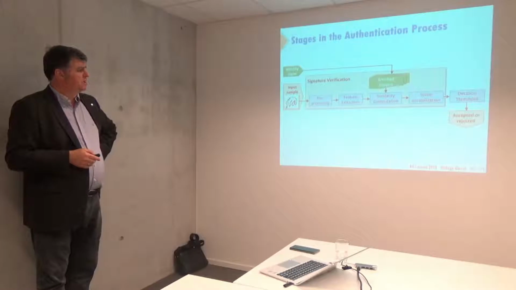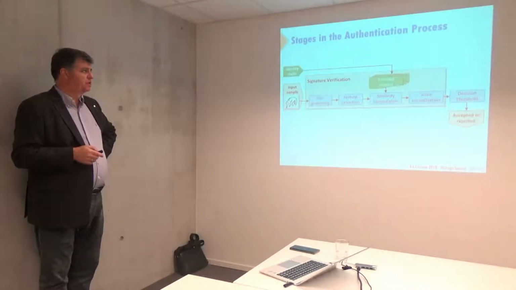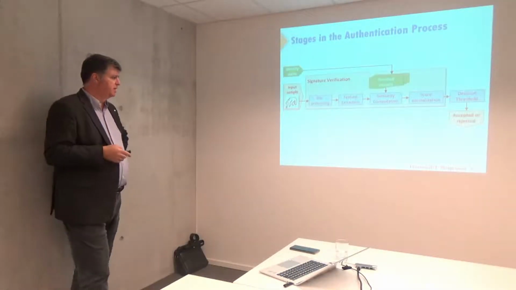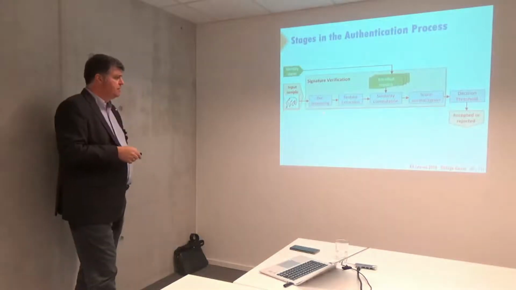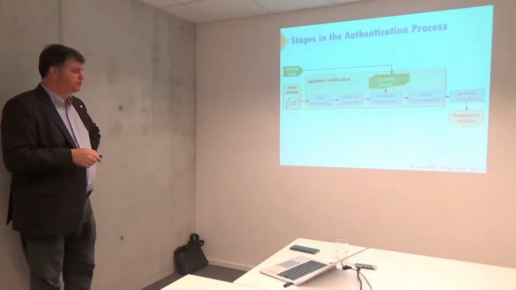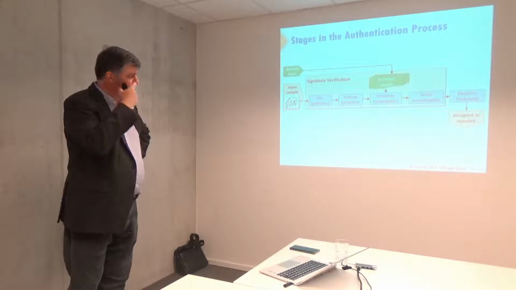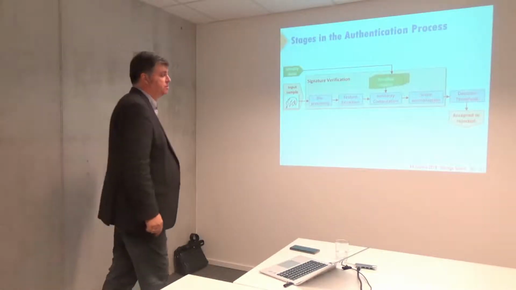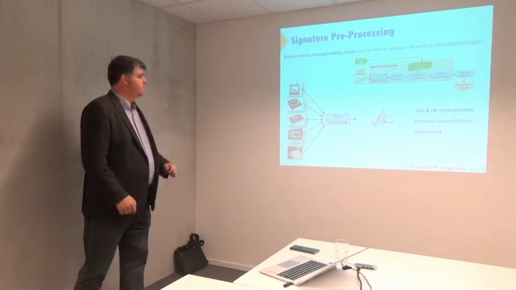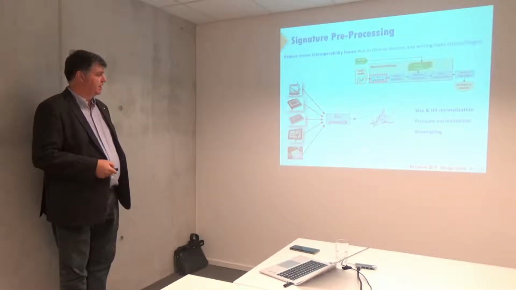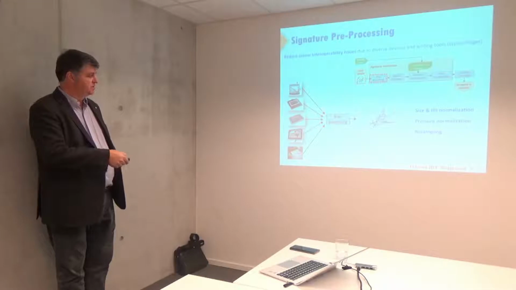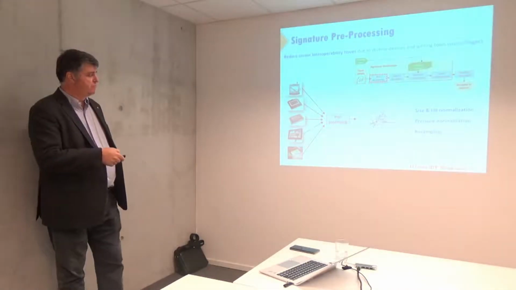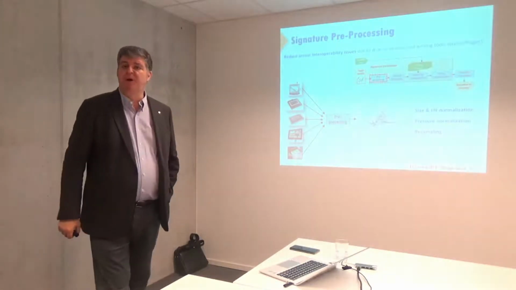Okay, these are the stages of the authentication process in general terms. Preprocessing, feature extraction, similarity computation with some models, score normalization, and decision threshold. What about pre-processing? If you have all these devices, you can pre-process in a universal manner, okay?